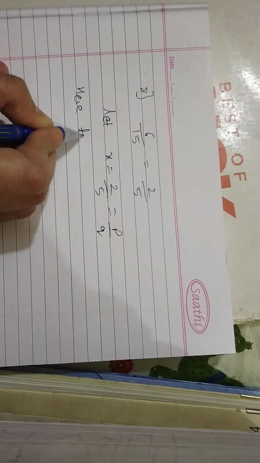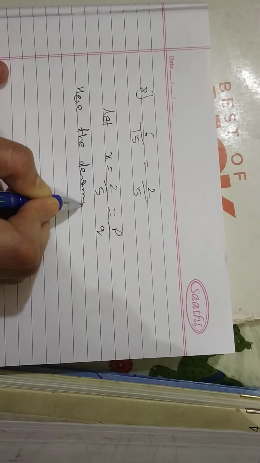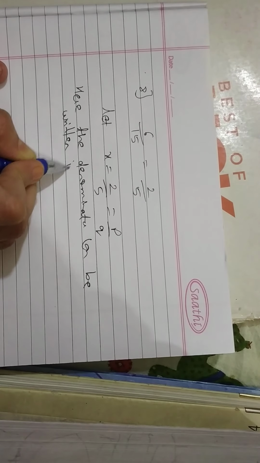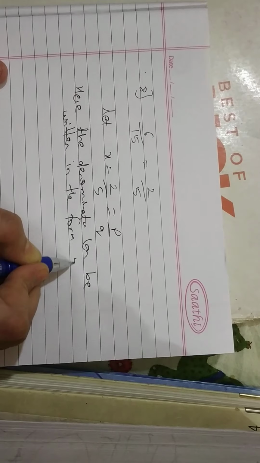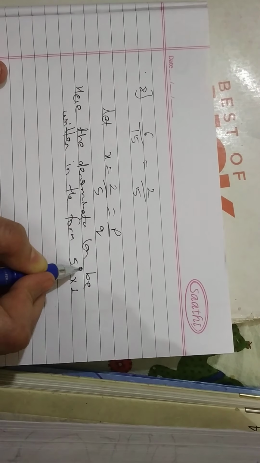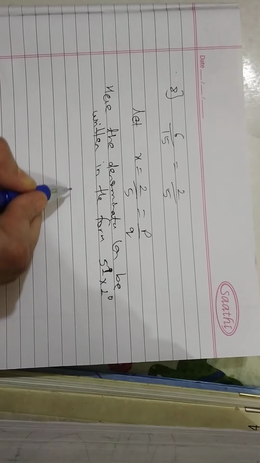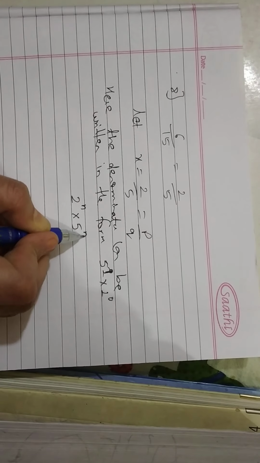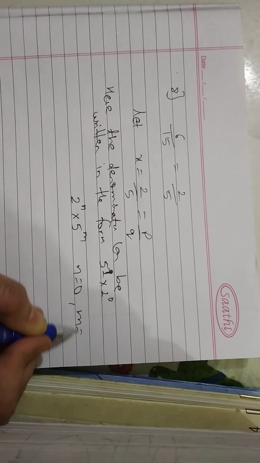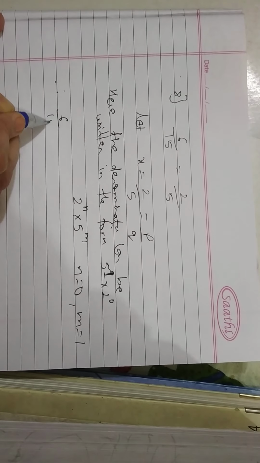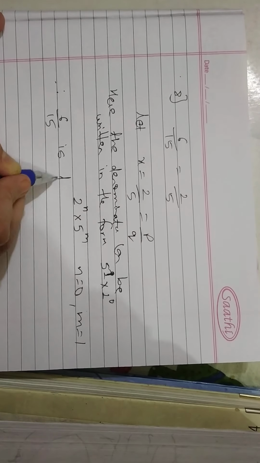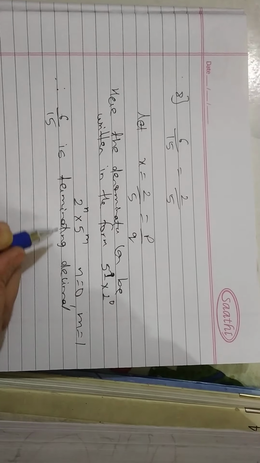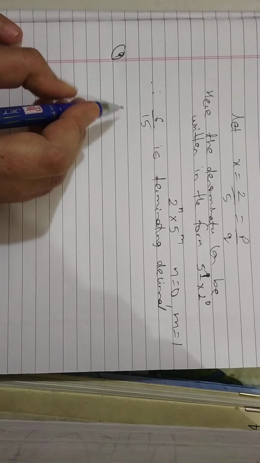Here the denominator can be written in the form 2 raised to power 0 into 5 raised to power 1, that is 2 raised to power n into 5 raised to power m. n is equal to 0 and m is equal to 1. Therefore, 6 upon 15 is a terminating decimal.